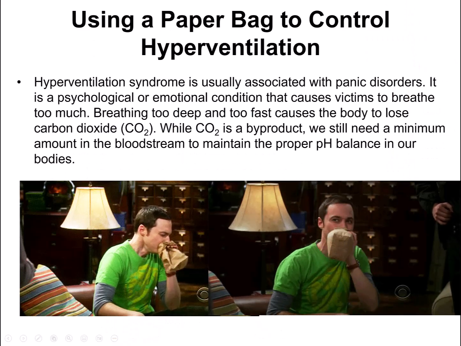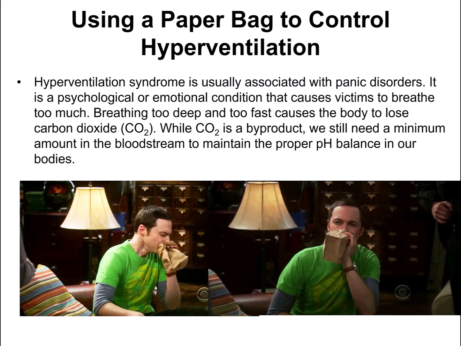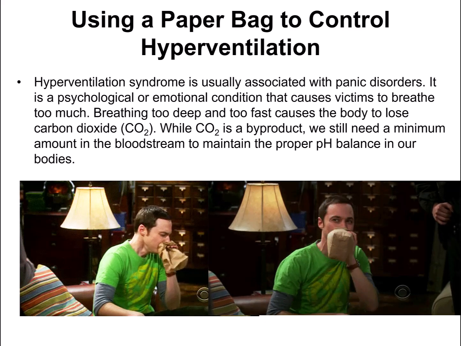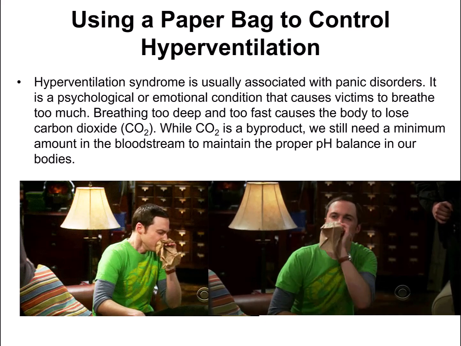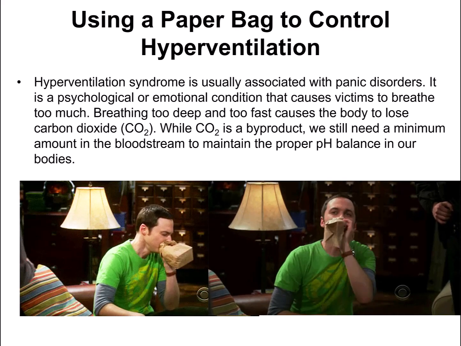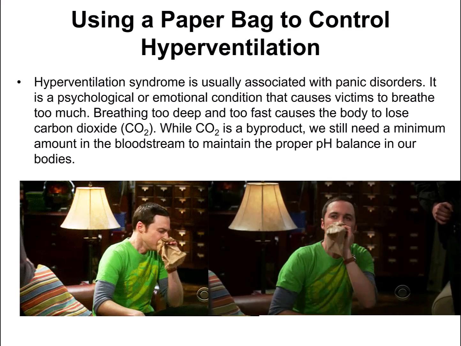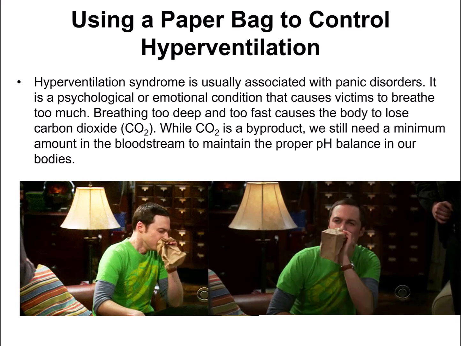For example, if you have hyperventilation, let's say you have somebody who's anxious, they start to hyperventilate. What's one of the common things that you can do to help prevent them from passing out? Because as they hyperventilate, you're going to get rid of too much CO2, your pH is going to go higher, you have less hydrogen ions, and that can cause somebody to pass out.